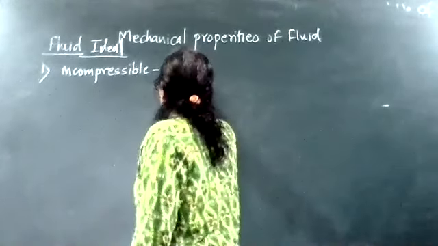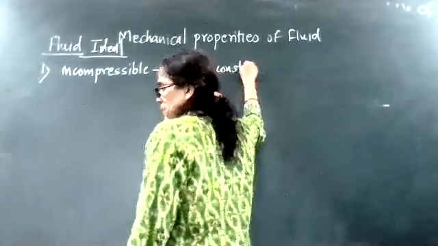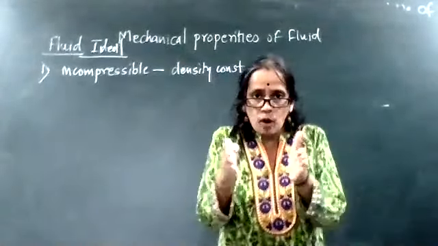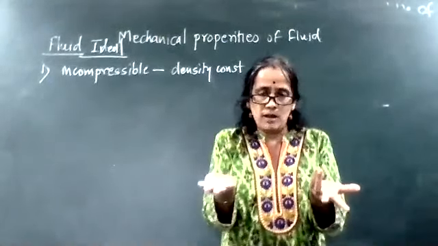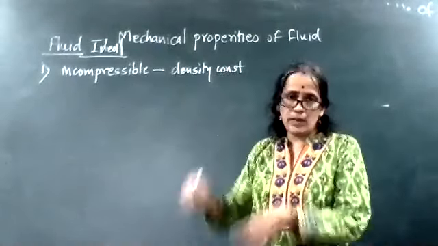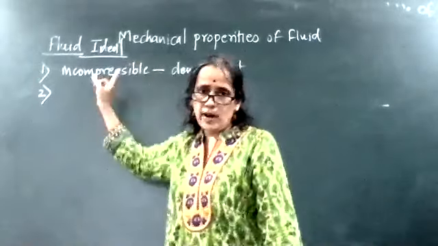The density will remain constant. Incompressible means it is not able to be compressed. If it is not compressing, then the density is not changing. Density is not changing means what? Incompressible means density will remain constant. This is the first property of an ideal fluid.